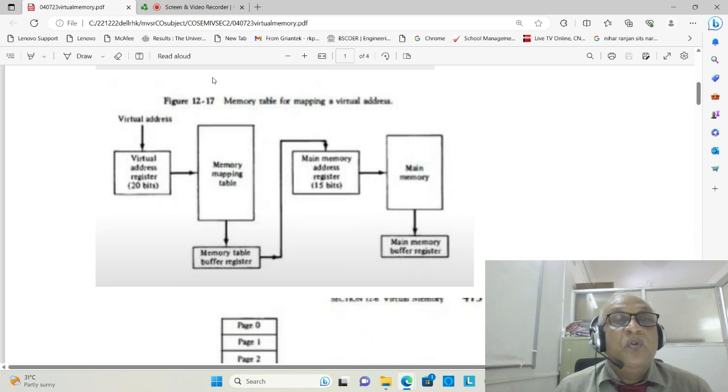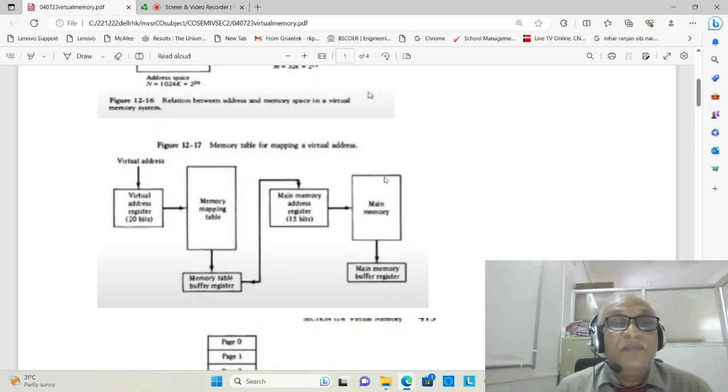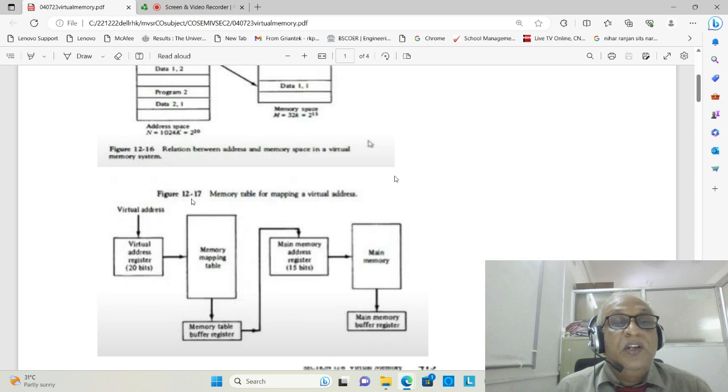If you look at this second diagram, figure 12.17, you see a data structure called the memory mapping table. This memory mapping table converts the virtual addresses into physical addresses. It translates the virtual addresses into the physical addresses. In some other literature, maybe in the Hamacher book, it may be called something else, like the paging table.